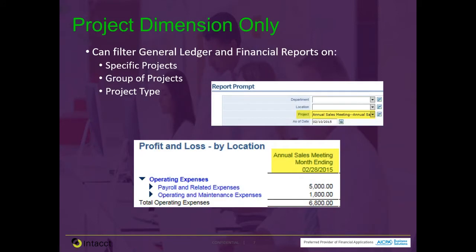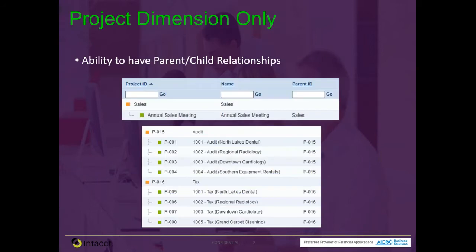In the GL, for instance, when we go to do the reporting, we will see that the project dimension is enabled, and we will be able then to roll them into the financial statements. So for instance, if I was using the project dimension and maybe I'm an audit firm, I could rename it audits, and I could run a P&L based on each of the individual audits that I'm engaged in.